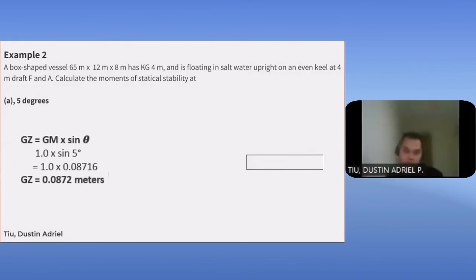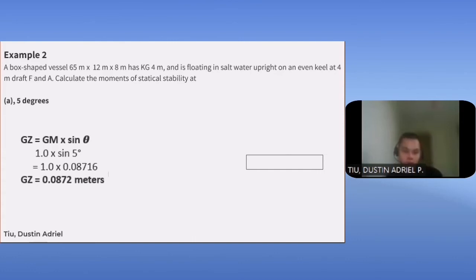Since we already have the value for our displacement, we can now solve for the GZ. The formula for GZ is GM times sine theta if the angle is less than 15 degrees heel. Since we need to find the moment of statical stability at 5 degrees, then we can use this formula. GZ is equal to GM times sine theta, which is the degree angle. Our GM is 1 meter and the degree angle is 5.